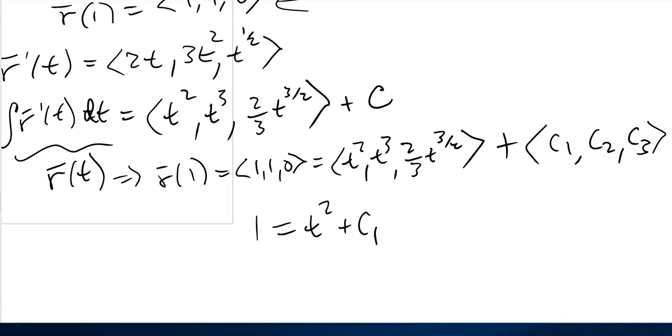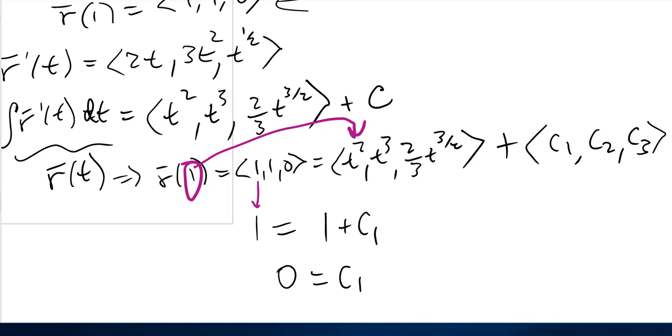And this is at r of 1. So r of 1, make that a 1, so c1 equals 0. What I did was I plugged in 1 for t. So I got 1 equals t squared, I plugged in 1, I got 1. And then plus this c1 there.